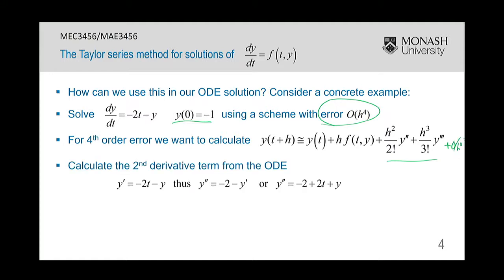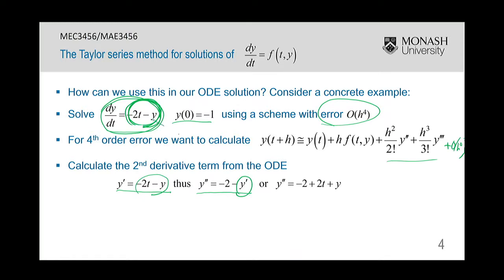If we calculate the second derivative from the ODE, the first derivative is equal to minus twice t minus y, therefore the second derivative is just equal to minus 2 minus y dashed. We know from the original ODE that y dashed is simply equal to minus twice t minus y.